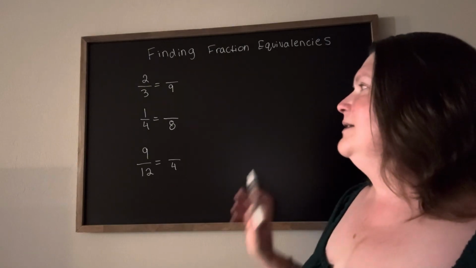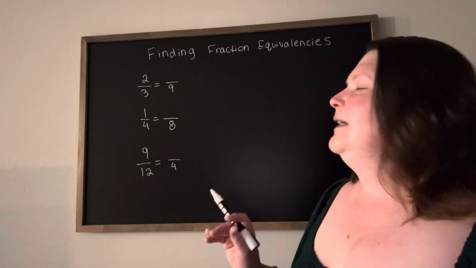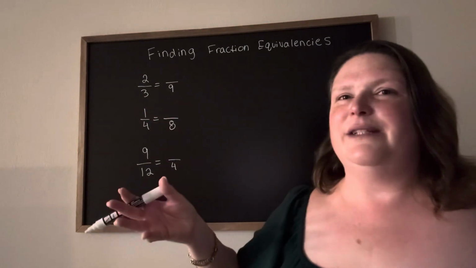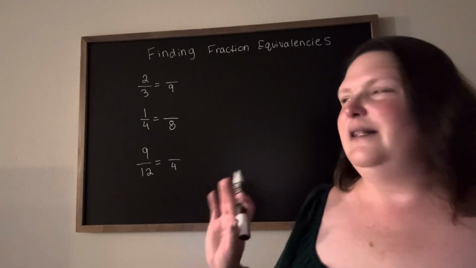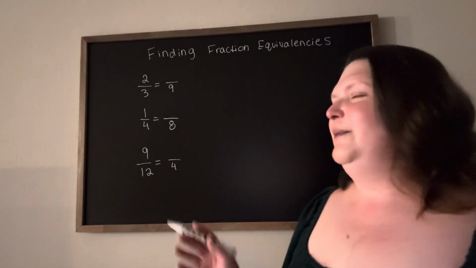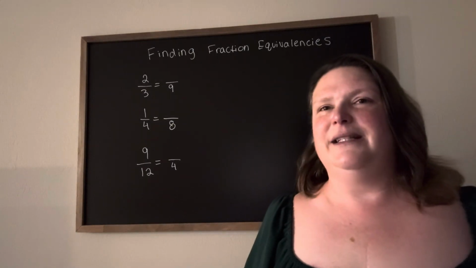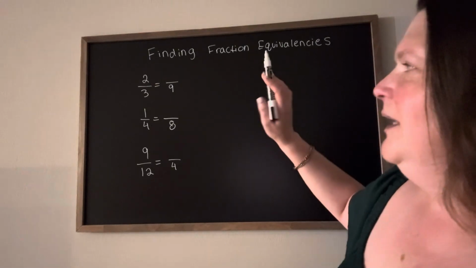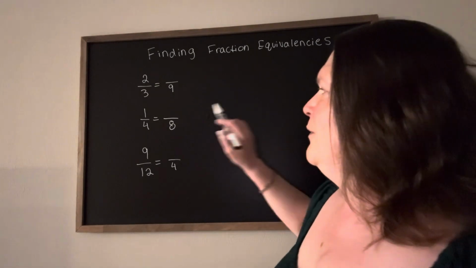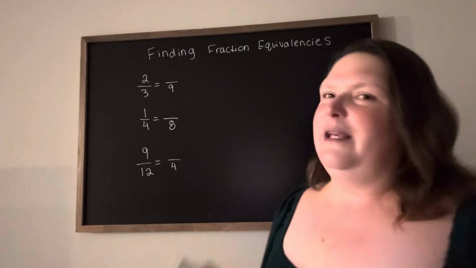So this is helpful in seeing the equivalencies of fractions and to help them reduce them, so they can see that 2/3 is equal to this, 1/4 is equal to this, and 9/12 is equal to this.